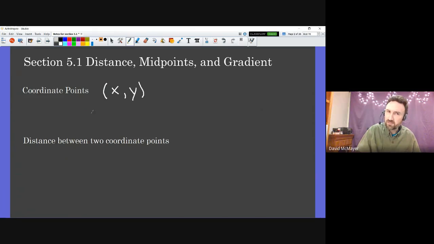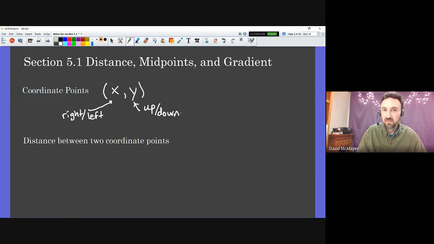The first number, the x value, refers to a distance either right or left from what's called an origin. I'll write right/left here. The second number is the y value, and that's a distance from the origin either up or down.